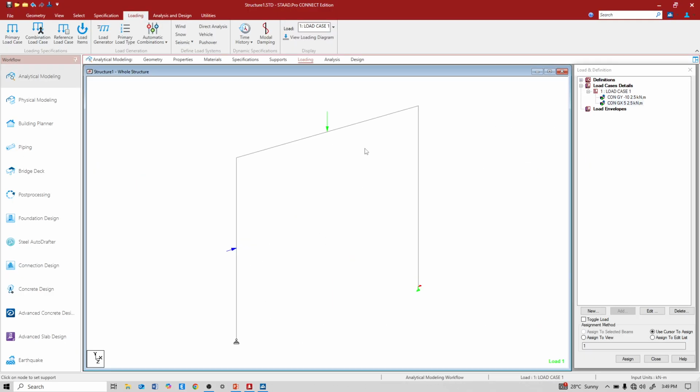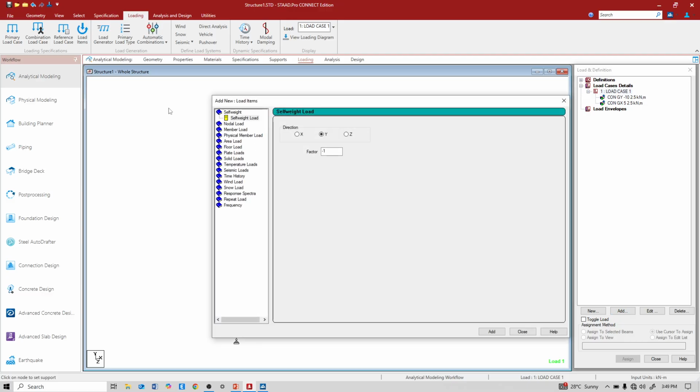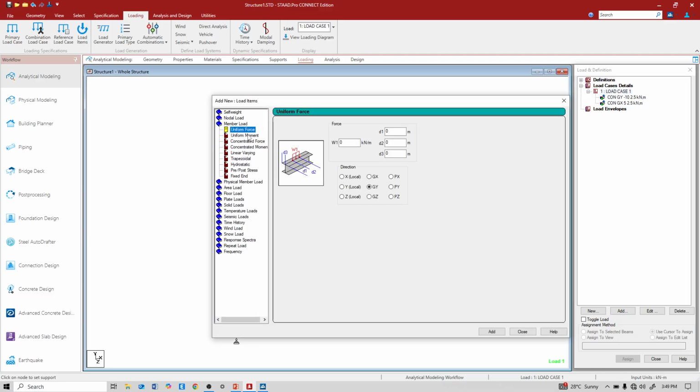Now UDL 10 kilonewton per meter on that portion. Again click on load case 1, again click on add, go to member load and click on uniform force, uniformly distributed force 10 kilonewton. Force is 10 kilonewton in GX direction, but it is away from GX direction, so minus sign.